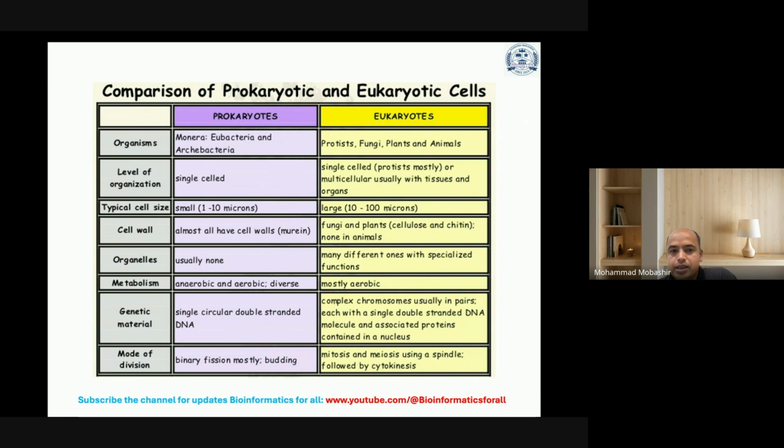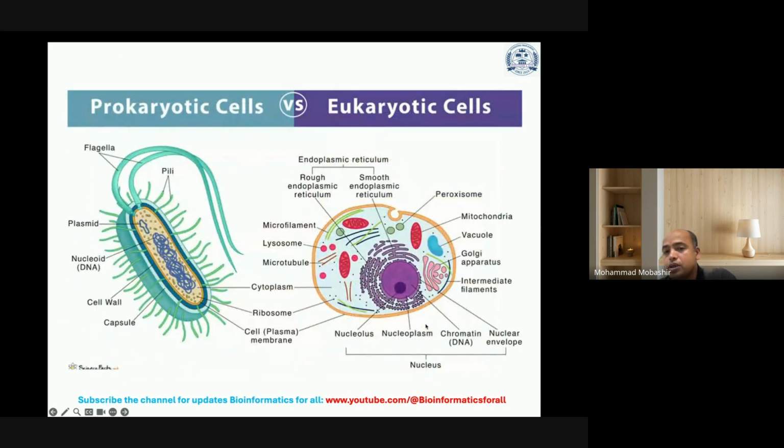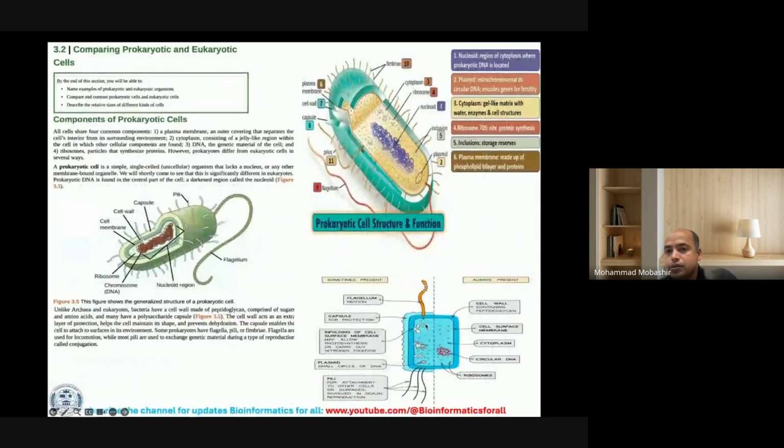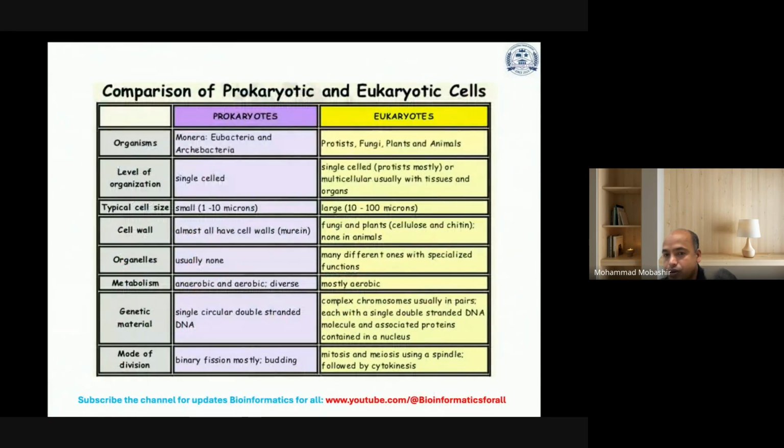Genetic material, single circular double-stranded DNA. Here, complex chromosomes, usually in pairs, each with a single double-stranded DNA molecule and associated proteins, contained in a nucleus. Mode of division, binary fission mostly, and here mitosis and meiosis using a spindle followed by cytokinesis.